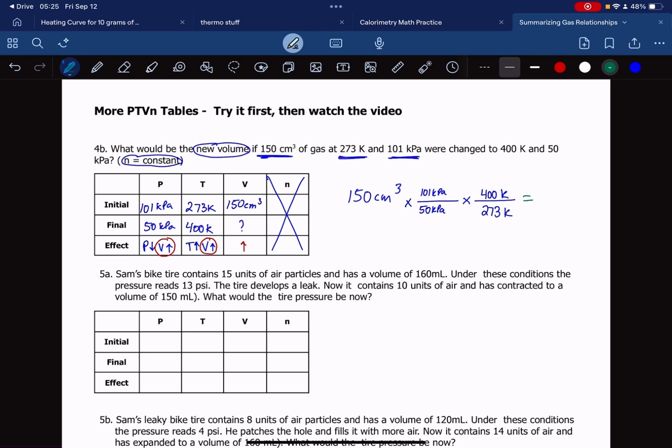Sorry, hold on. 150 times 101, divide by 50, times 400, divide by 273. I get 444. And to check my unit, that's going to be cubic centimeters. And there's my answer.